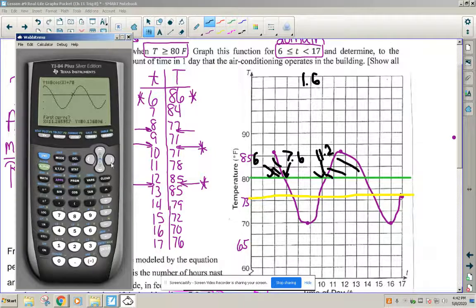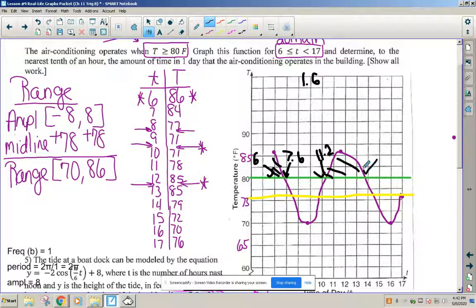Now we got to move to the final point. Enter 3 times. And this is 13.9. So 13.9 minus 11.2, this is now running for 2.7 hours. That means overall in this building, this air conditioner ran for a total of 4.3 hours.